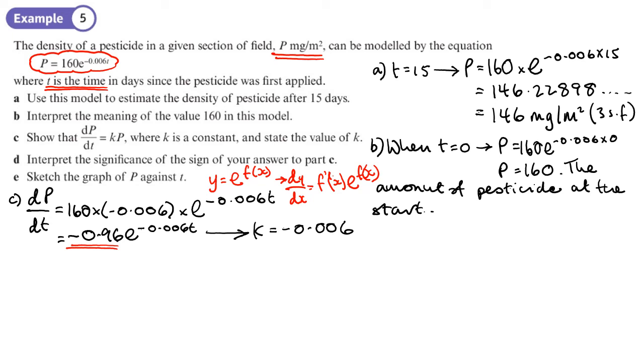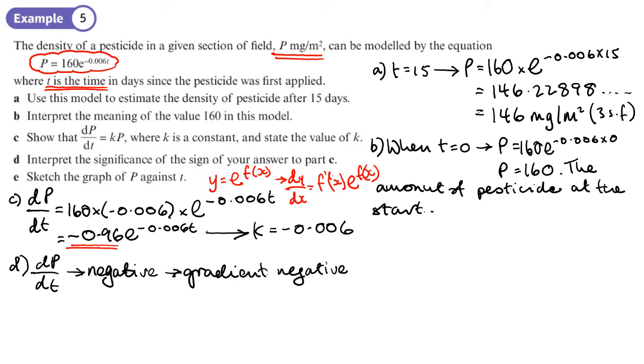Okay, part D. Interpret the significance of the sign in the answer to part C. Okay, so negative sign there actually means that we've got a negative dp dt, decay is negative, which means the gradient is negative. And if the gradient is negative, it means that we have a decreasing function.